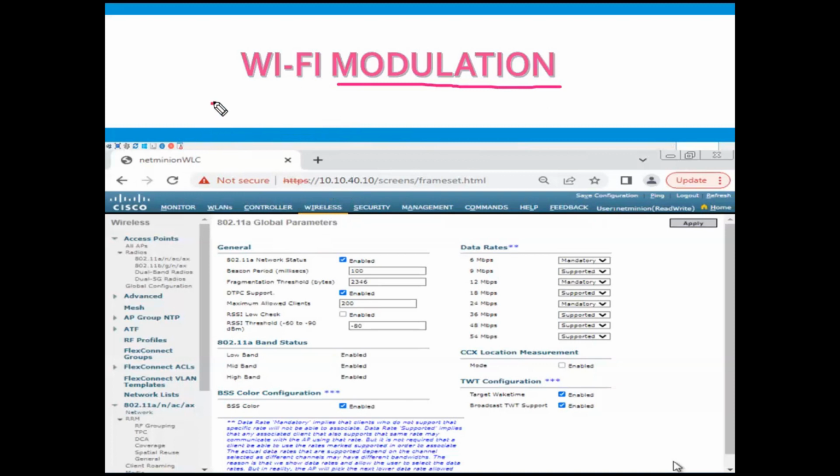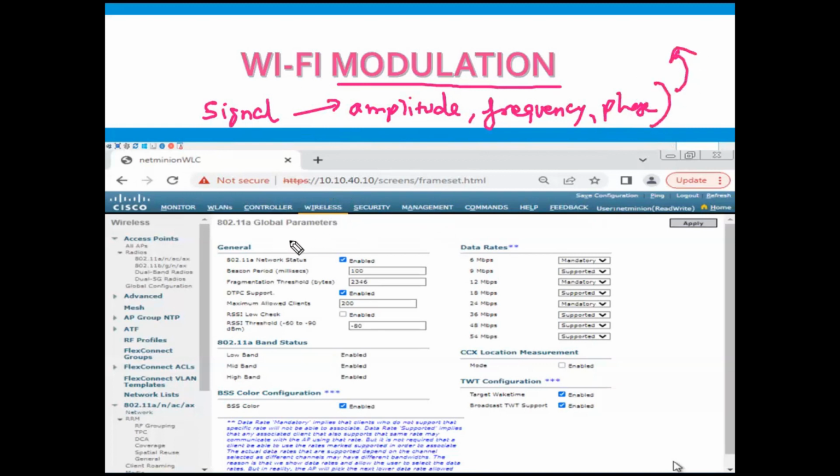It modifies the signal by amplitude, frequency, phase, or maybe a combination of all, or maybe one of them, to encode the information. So modulation is a technique which is very crucial when transmitting the data over your wireless communication channel.